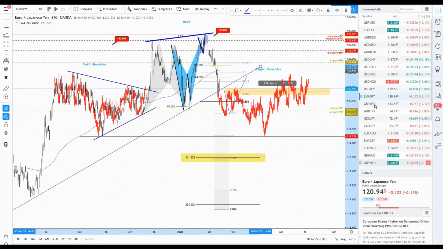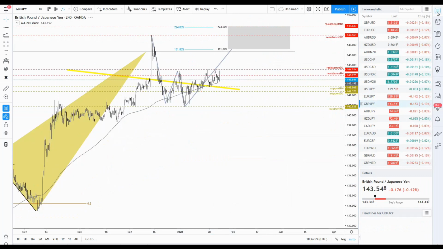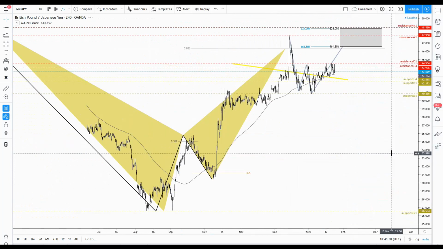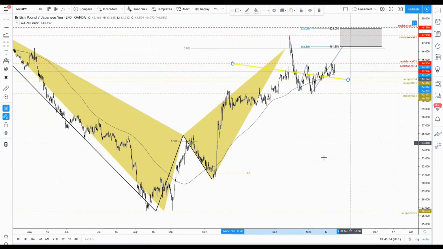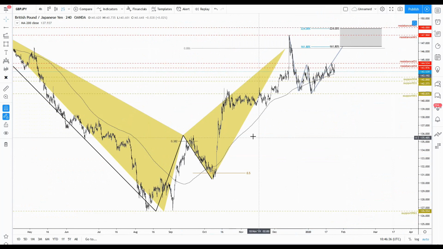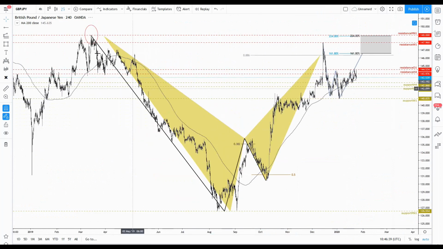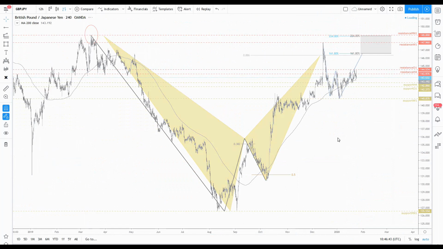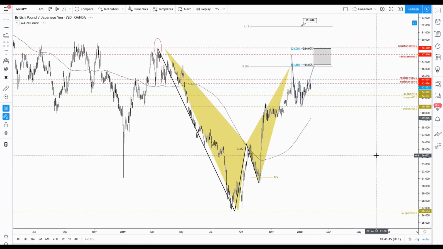The Guppy, well, nothing. I believe I shared this chart also with some of you. Let me delete this nonsense trend line there, I don't even remember why it's there. But let's increase my time frame, 12 hours time frame chart.